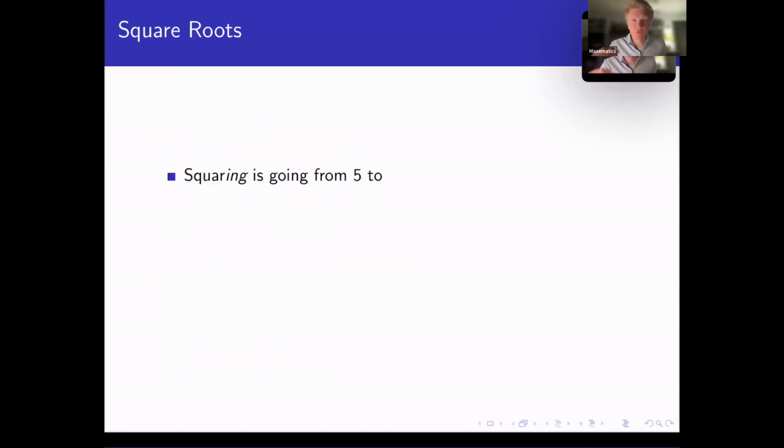When we are squaring something, that's like taking 5 and squaring it to get to 25. 5 squared is 25. Now, we would say that the square root is going from 25 back to 5. So squaring 5 to 25, square root of 25 back to 5.